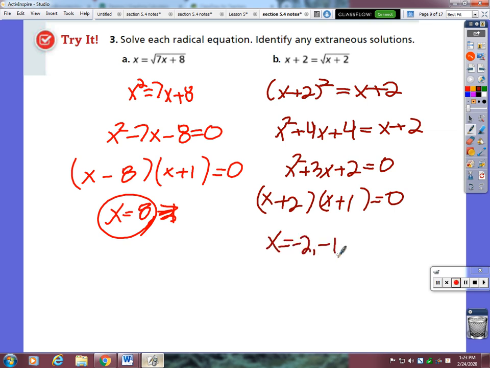And somewhat surprisingly, they both work. Yeah, if I plug negative 2 into here, I get 0. If I plug it into here, I also get 0. If I plug negative 1 into there, I get 1 and 1. So they both work out. I think they both work out because of the 0 thing. So when you turn that into a parabola, they still touch at the vertex of the parabola. Okay? All right, any questions?